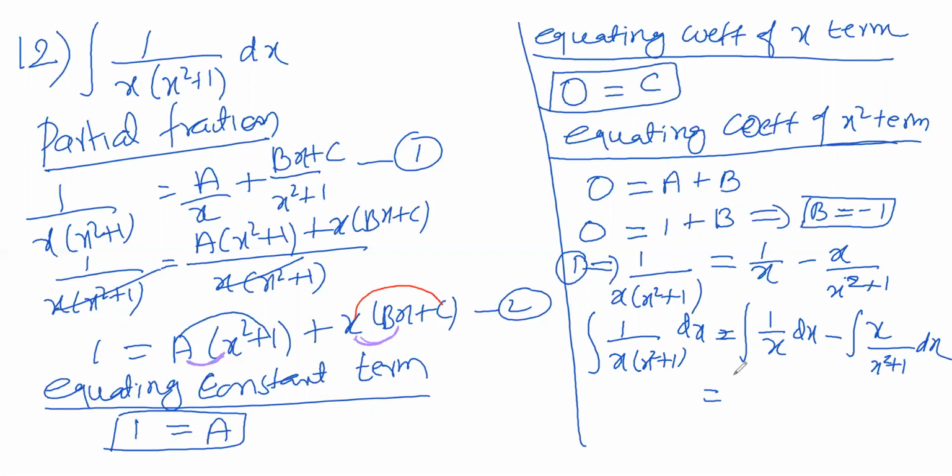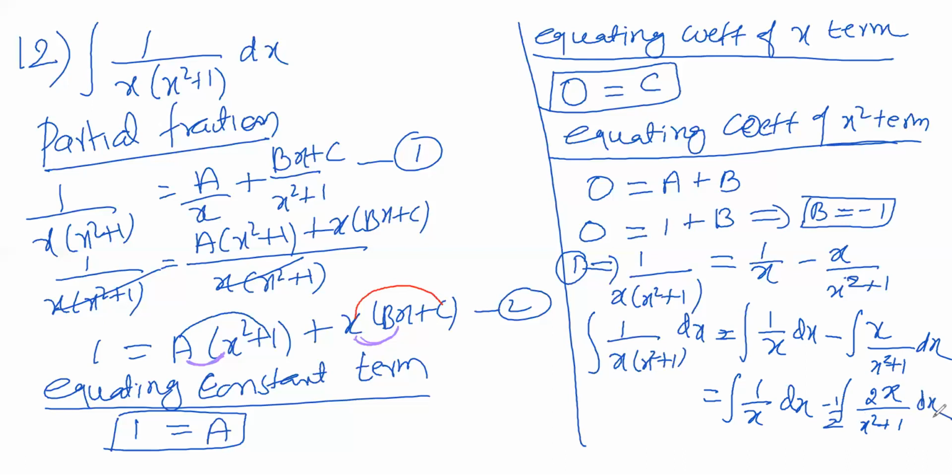We need some simplification for the second term. The denominator is x squared plus 1 and the numerator is simply x. The differentiation of x squared is 2x, but here we have only x, so we need 2. So we multiply and divide by 2 and write 1 by 2 outside.